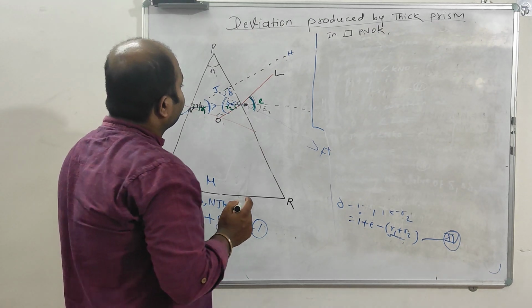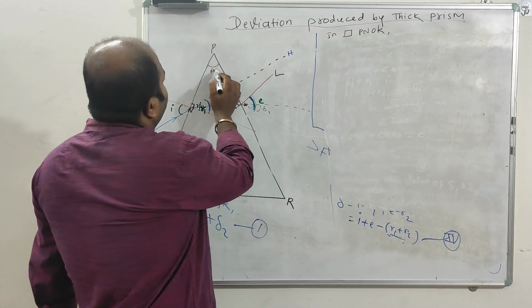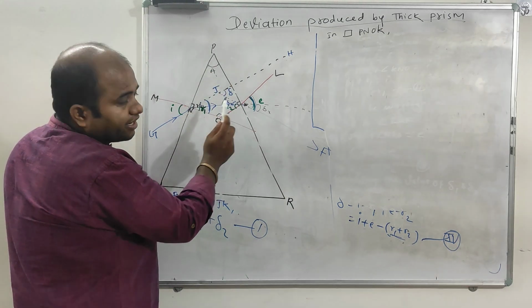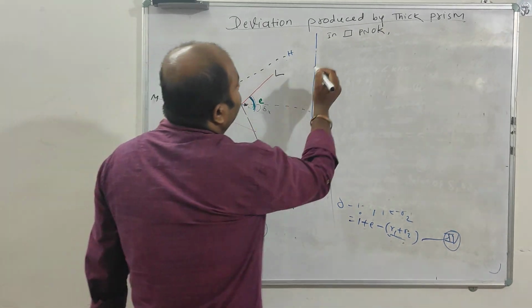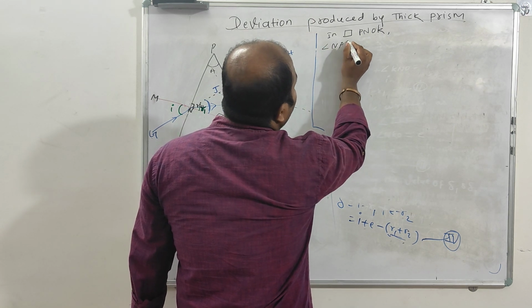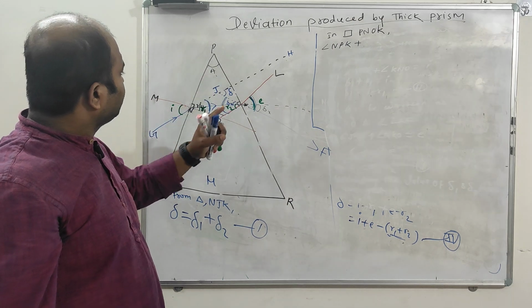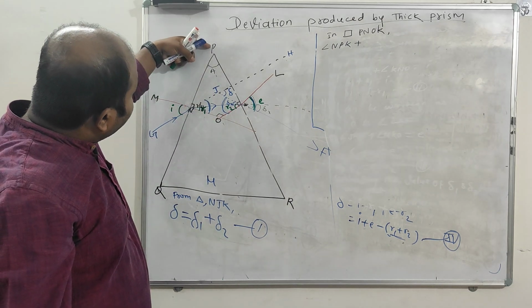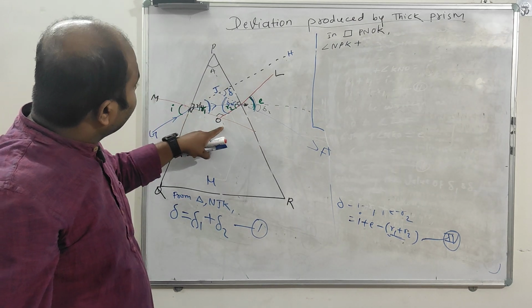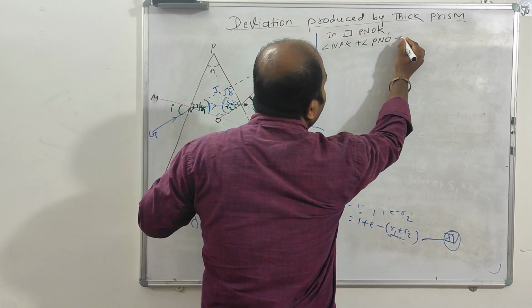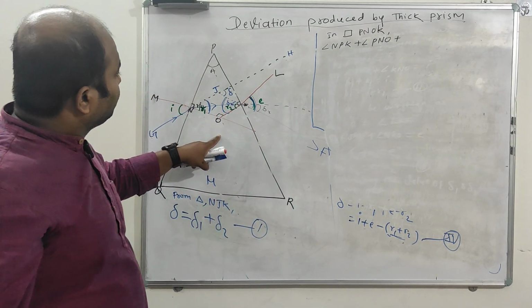Now see here, if I had to write this angle, what should I write? Angle NPK plus, done. Now I have to write this one, angle PNO plus, right?